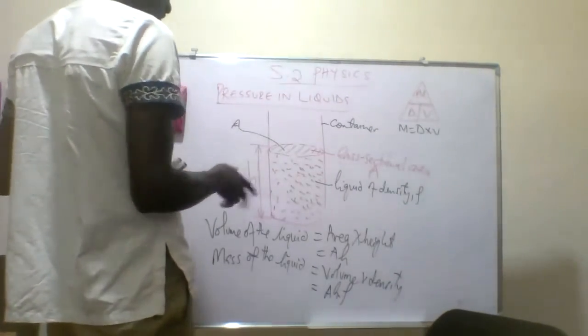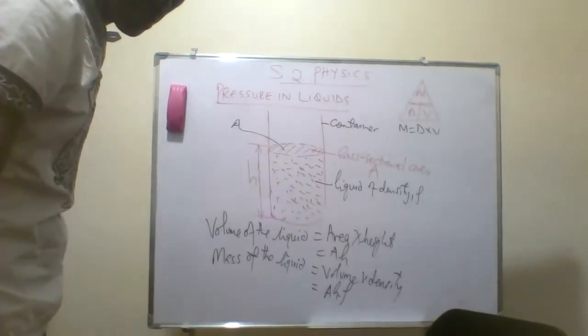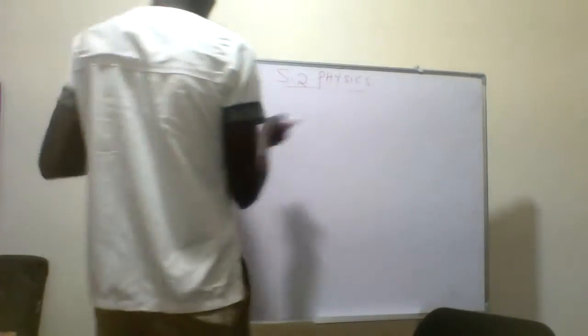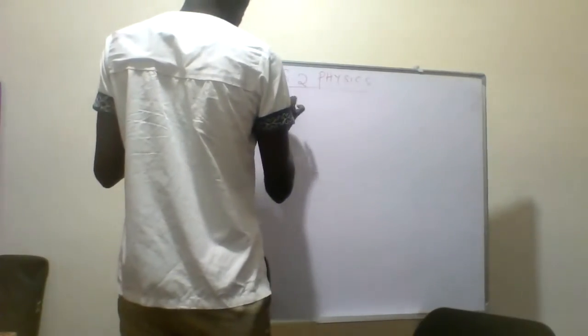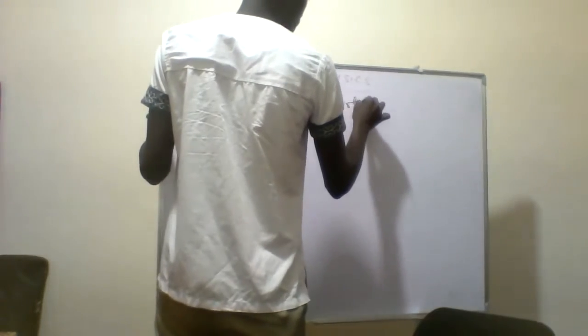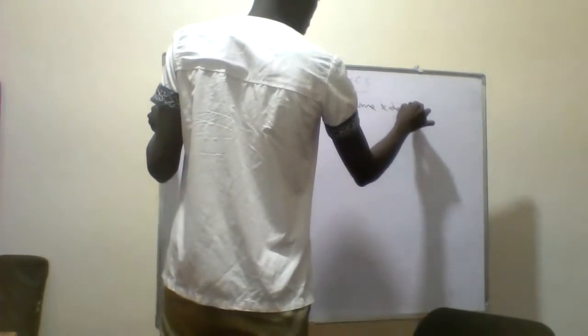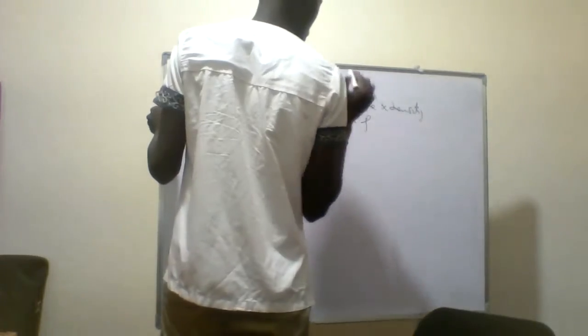So the mass of the liquid is volume times density, and the volume is AH times rho.